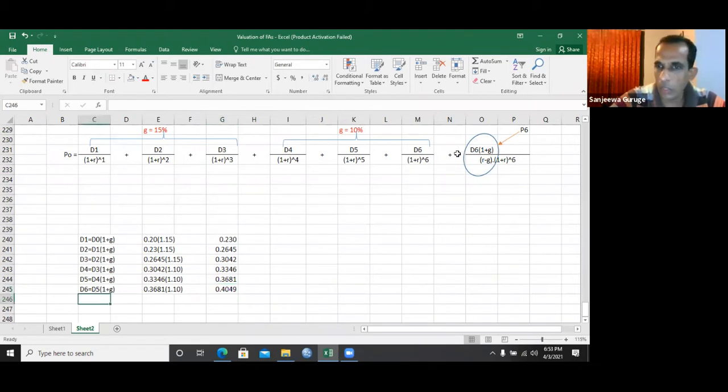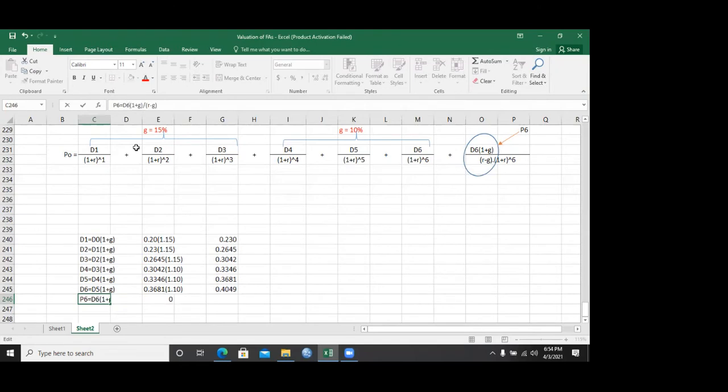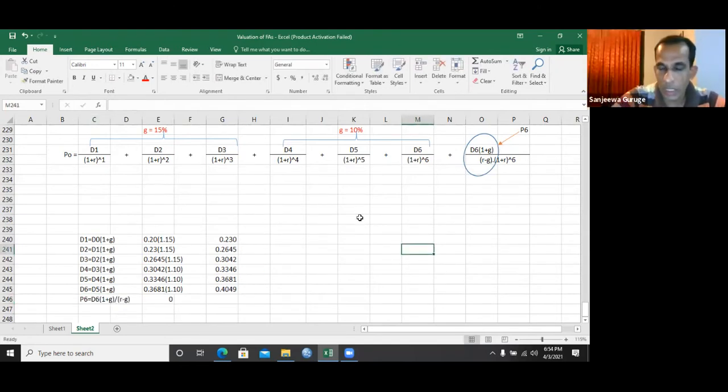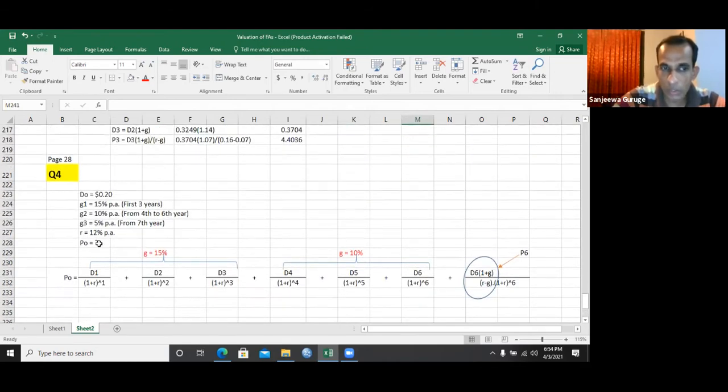Then we have to calculate P6. P6 equals D7 divided by R minus G. Here, D6 or D7? Because the constant growth starts from the 7th year.